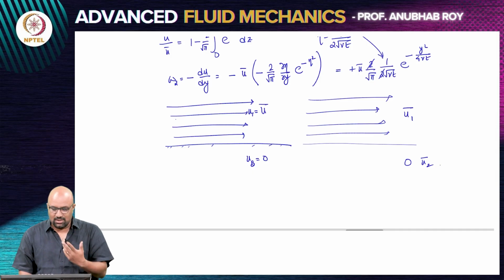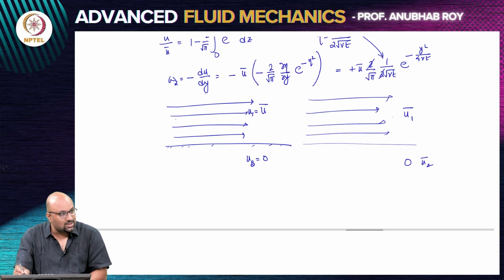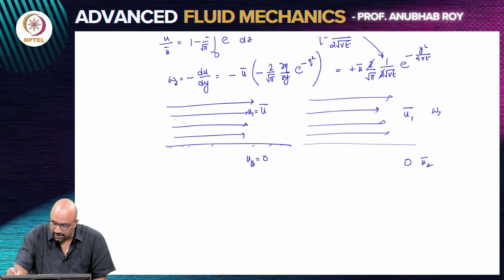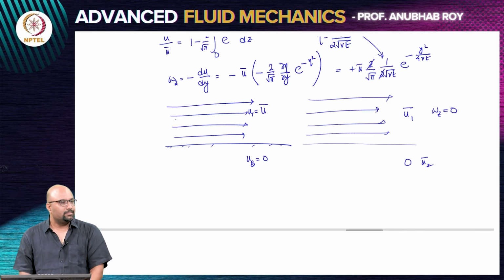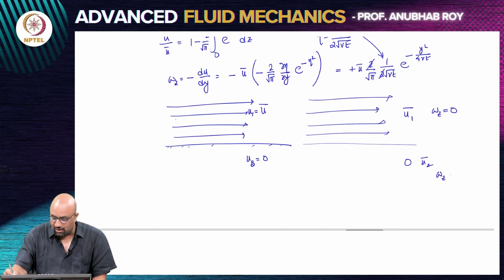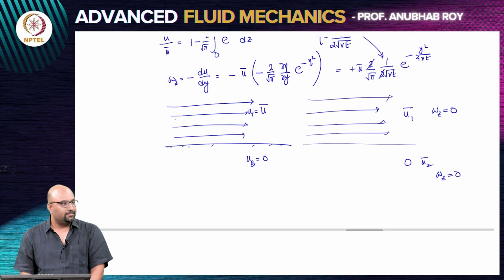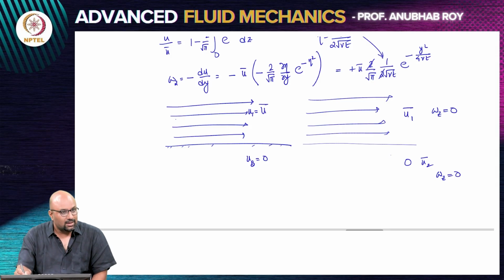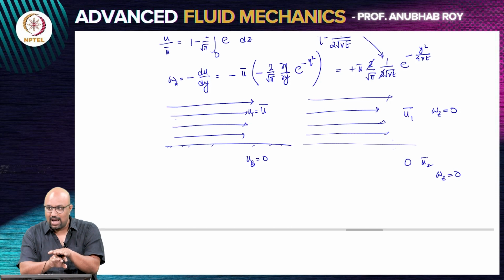Now what is the vorticity in this problem? If you just try to calculate the vorticity for this configuration, the top layer is a uniform stream, which means vorticity is 0. Bottom layer is either quiescent or moving with a different velocity. So here also vorticity is 0. But the vorticity at the interface between the two layers is non-zero, because the fluid velocity which is moving in the x direction has a discontinuity.